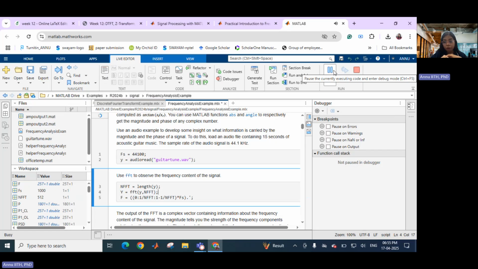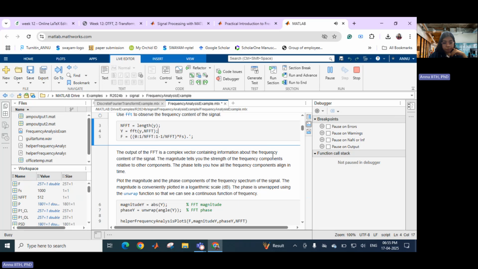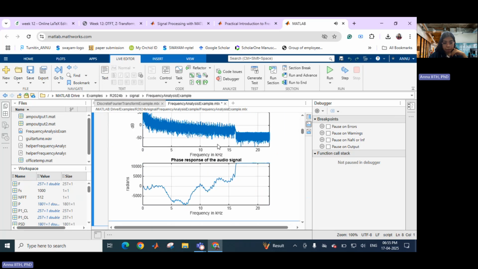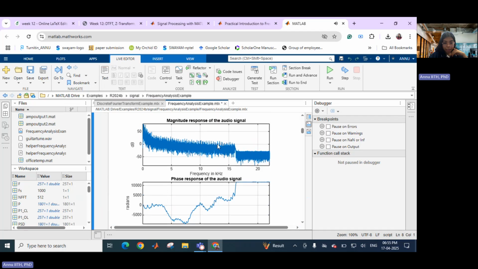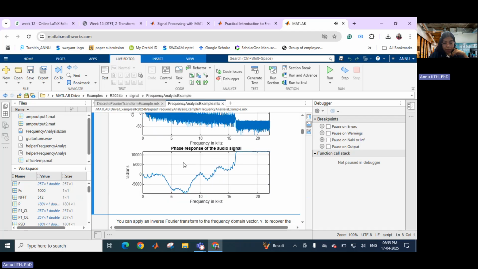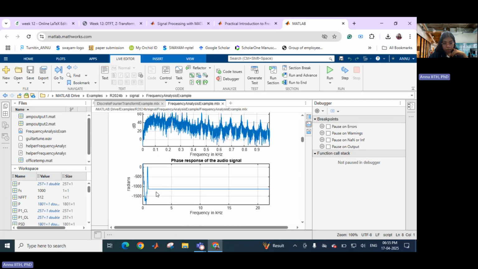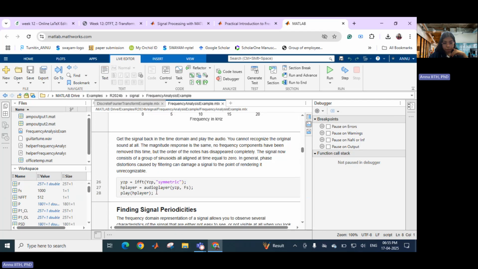This is the frequency component, so using FFT we are observing the frequency components. If we see the magnitude and phase separately, the magnitude ranges from 0 to 20, and the phase is in radians. That is the case.